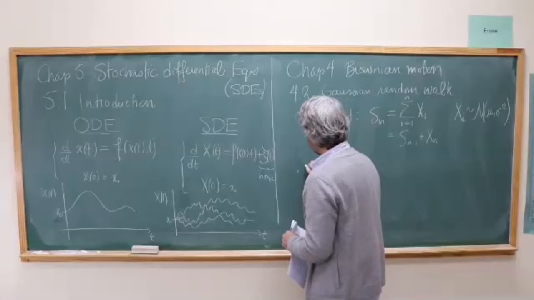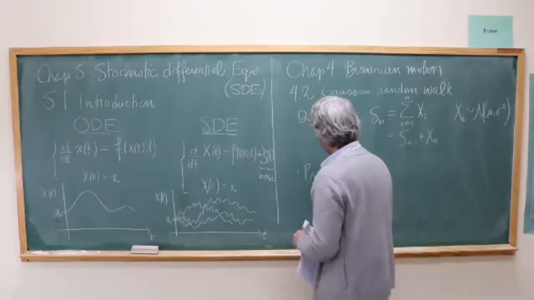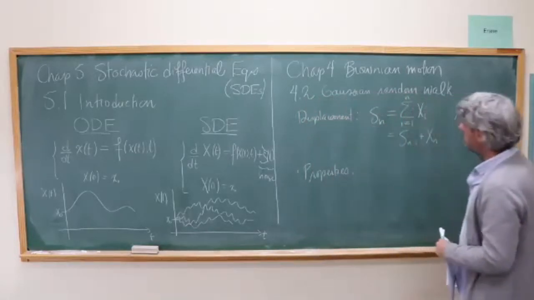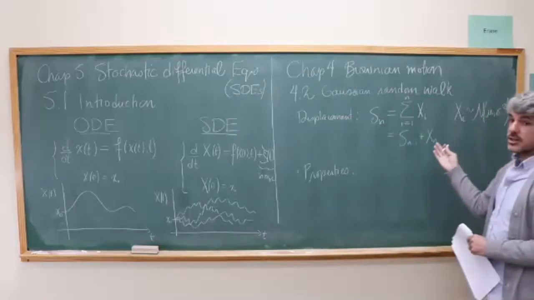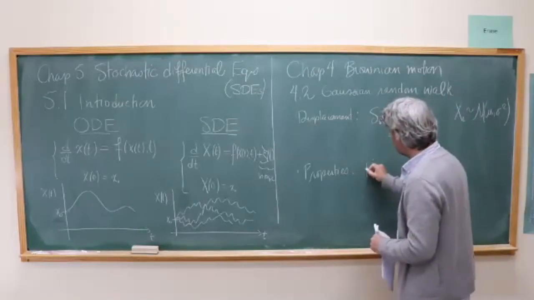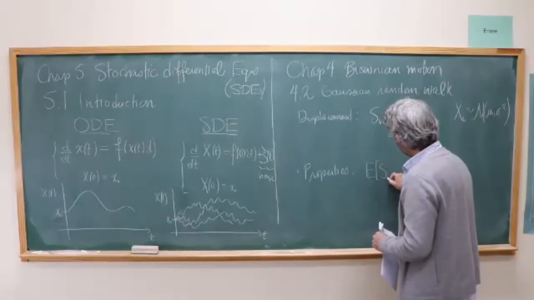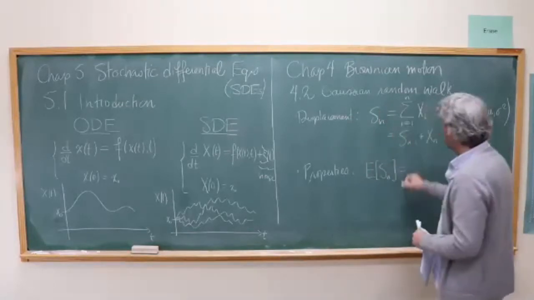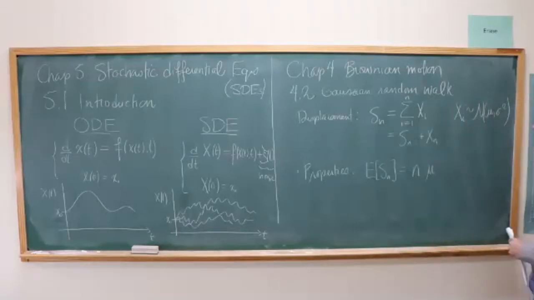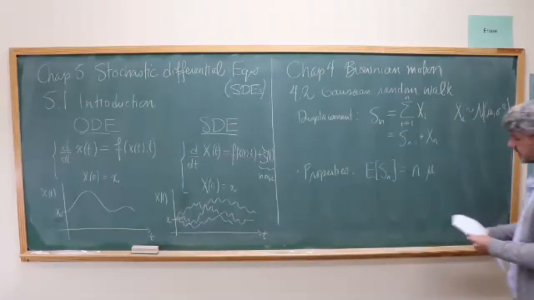So this is a basic random walk, and it has some properties that we can get. This displacement is also Gaussian because the sum of Gaussian random variables is Gaussian. And it has a mean. What is the mean of the random walk? You can calculate it, it is n times the mean of each of the jumps. That's quite natural.